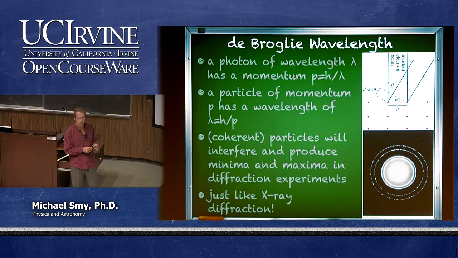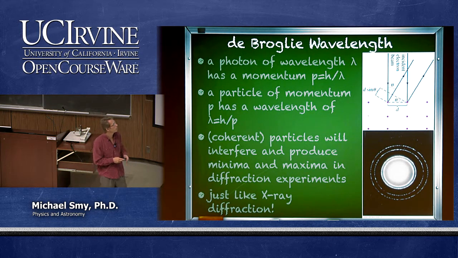And what it means is that you can actually observe diffraction of particles, like electrons, for example, when they hit some crystal, just like you observed a diffraction pattern of X-rays when they hit a crystal. So let's say we have some regularly spaced atoms or scattering centers. Then we have an incident electron beam.